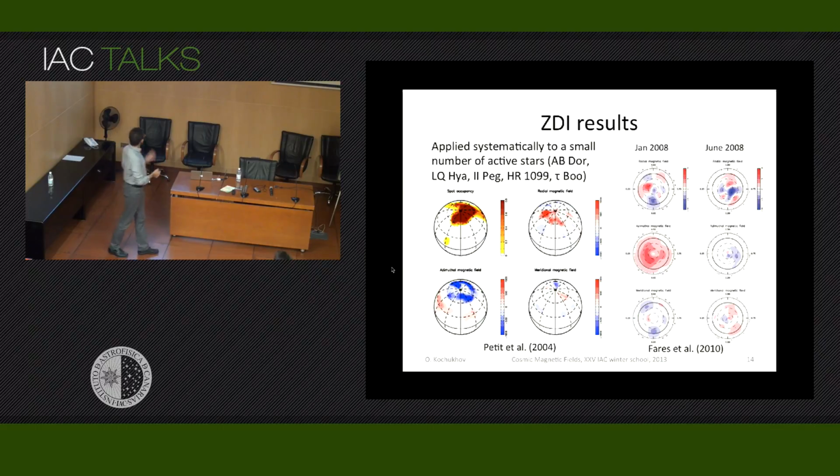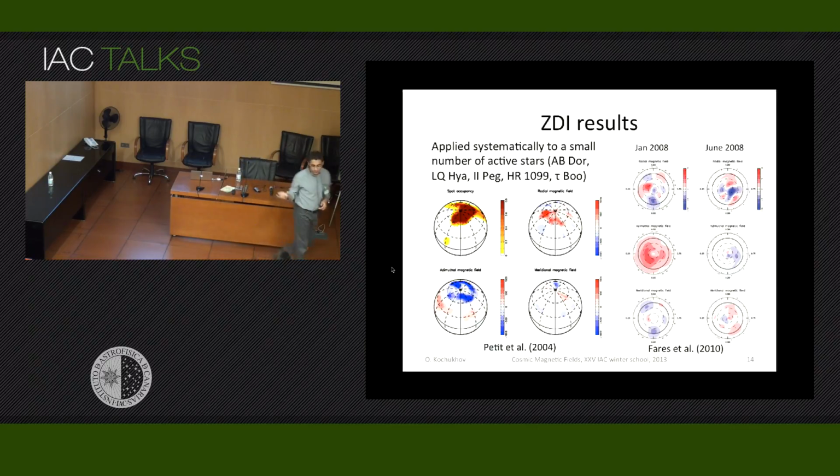And then more recently, there have also been studies of stars with not so large magnetic field strength, closer to solar parameters. For instance, in some studies it was observed that stars changed their polarity, and these were the first observations of stellar magnetic cycles, not magnetic proxies cycles, but real magnetic field cycles.